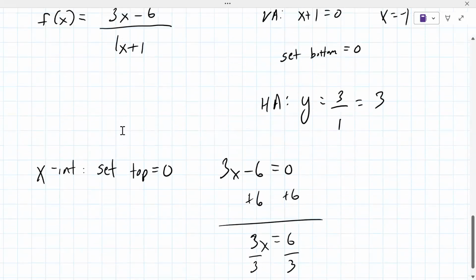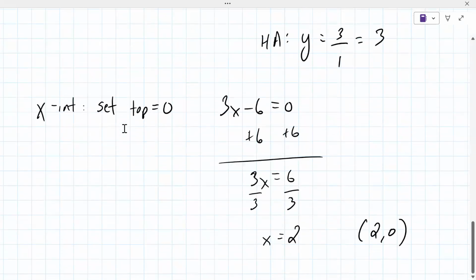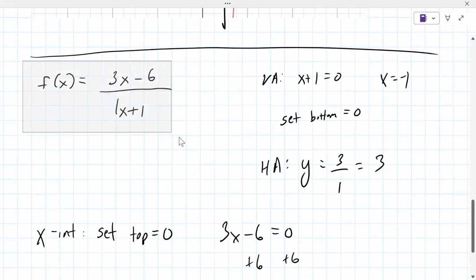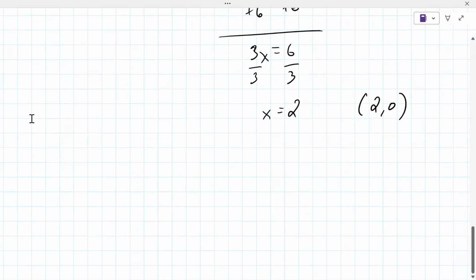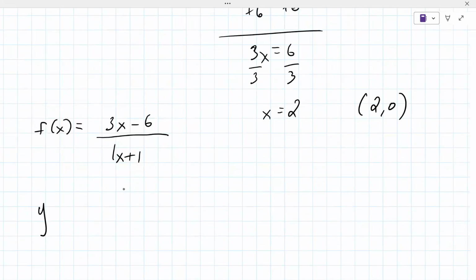All right, now, do you remember how to find the y-intercept? You put 0 in for x. Please write that down. I'm going to ask you that in about 5 minutes.